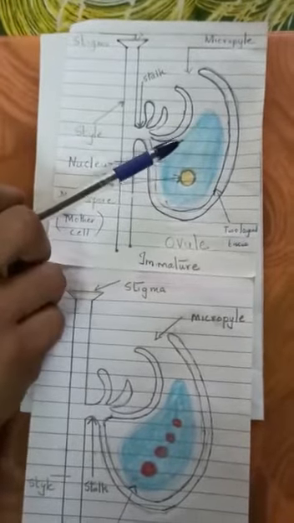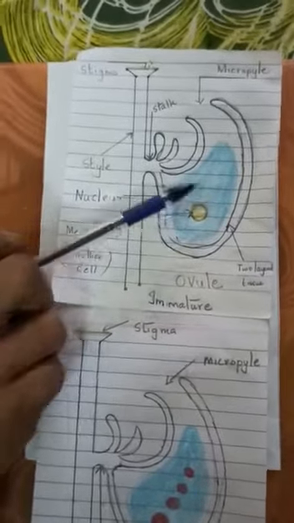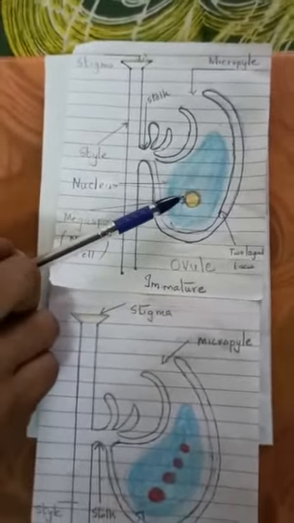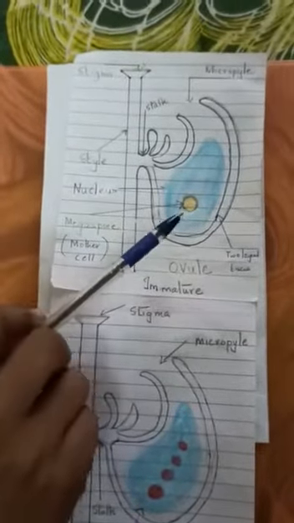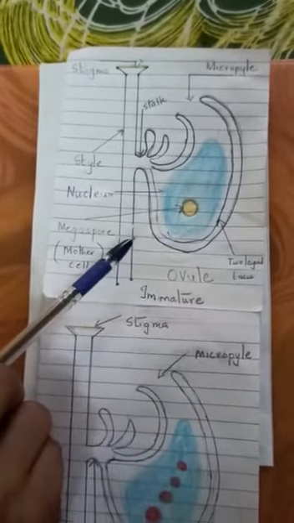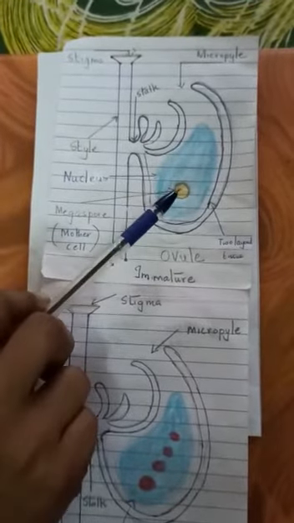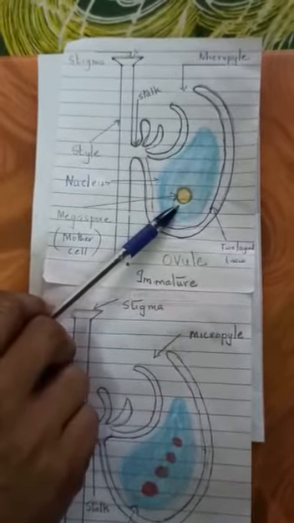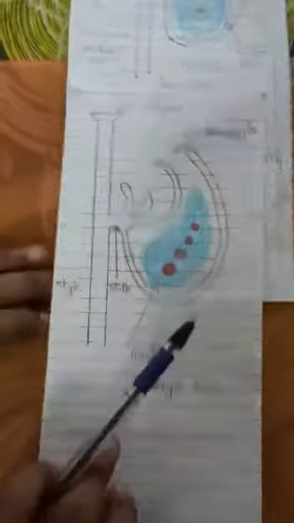Only then will fertilization take place. Now inside this there is the nucellus and there is a megaspore mother cell. Now this mother cell will undergo meiotic division.